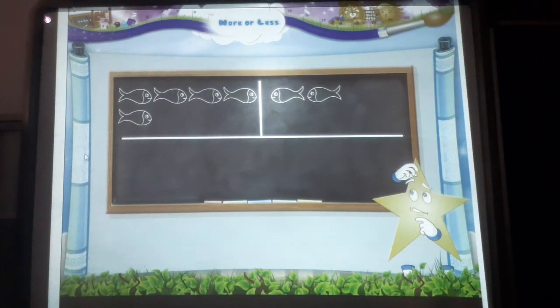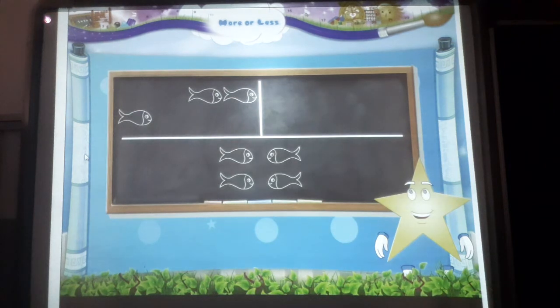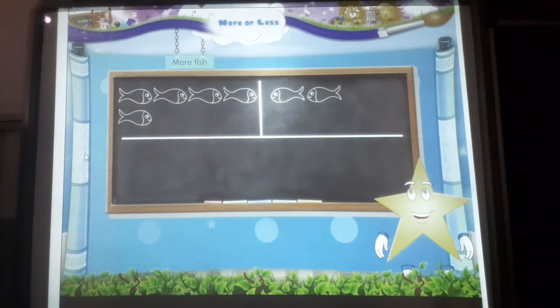Now let's form 1-to-1 pairs. 1 fish to 1 fish. The second fish to the next fish. Now we still have 3 unpaired fish on this side. So we say more fish and less fish.